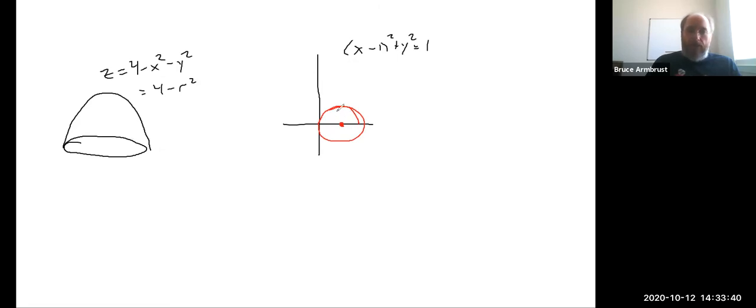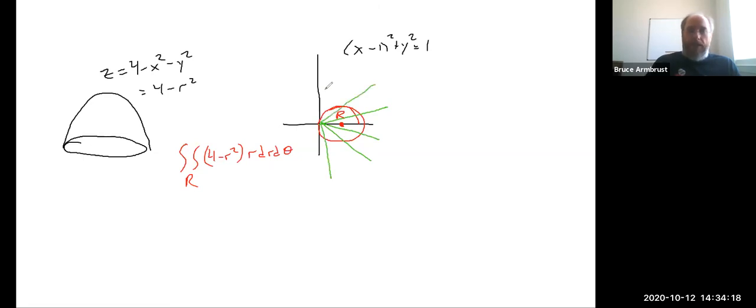So if we call this region R, I've got the double integral over my region R of (4 minus r squared) r dr d theta. And now it's just a matter of specifying this region. I do want to do this in polar because it will definitely make life easier, seeing my function. Let me draw some radial lines so you can see where integration man is in various places.